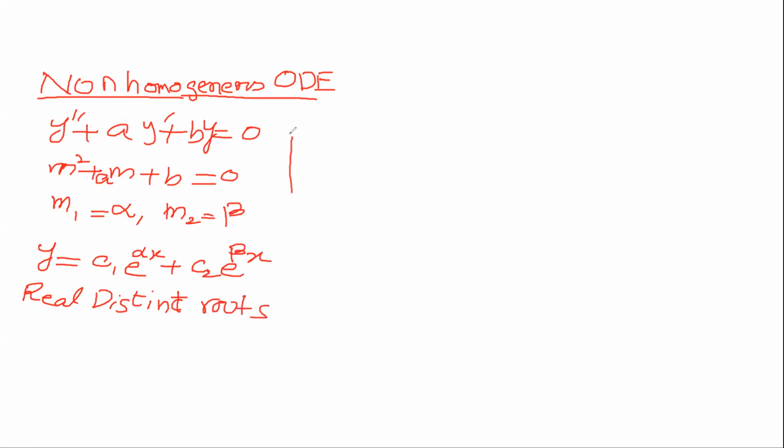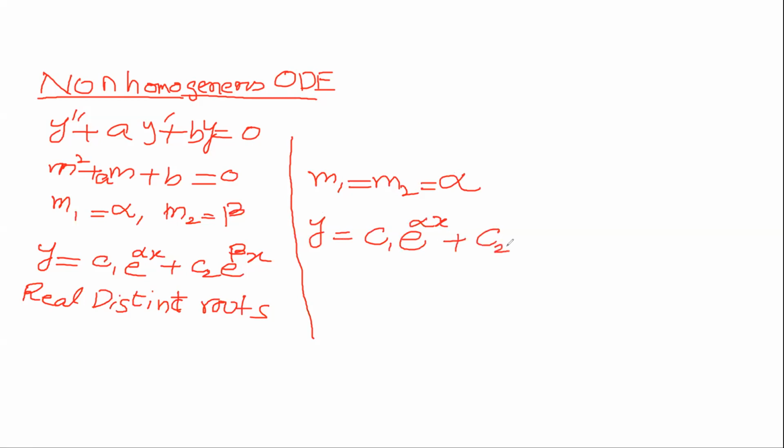If both of the roots are the same, m1 is equal to m2 is equal to, say, alpha, the solution would be y is equal to c1 e power alpha x plus c2 e power alpha x, but both are the same. So something needs to be added over here.